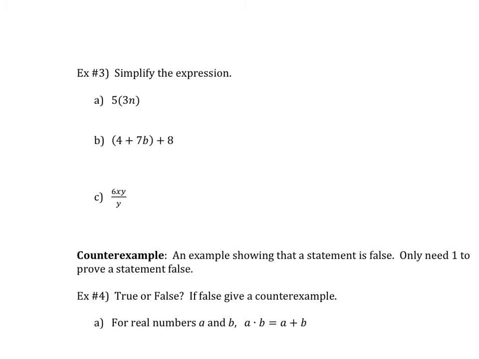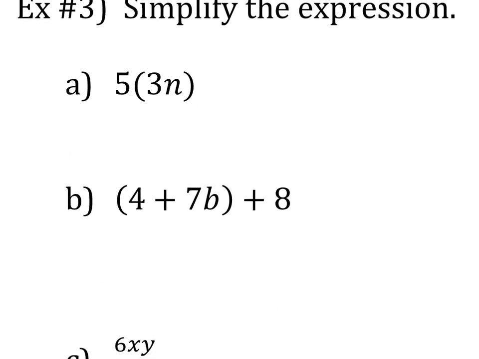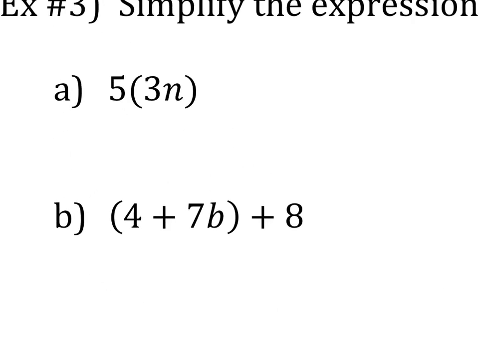The 3 and the 5 can be simplified, right? But 3n is just going to be 3n. So what we're going to do is take that. I'm going to make this a little bigger so it fits a little better. And we're going to move our parentheses. Instead of 3 times n and then times 5, we're going to do 5 times 3 times n. Which property does that? Where you can move the parentheses when you're multiplying.